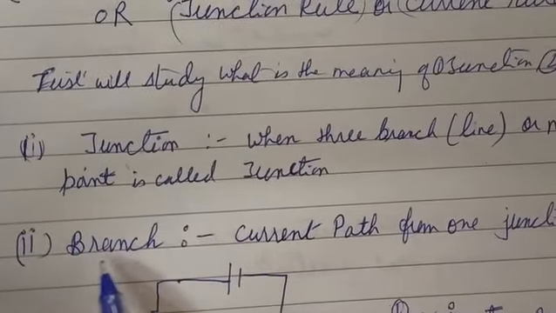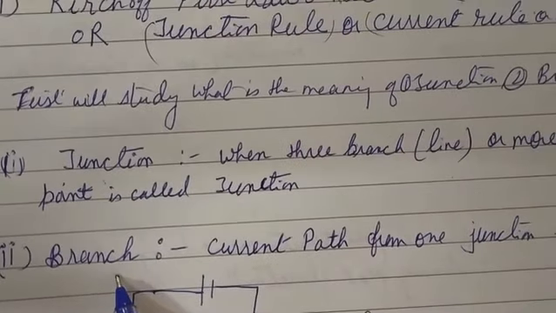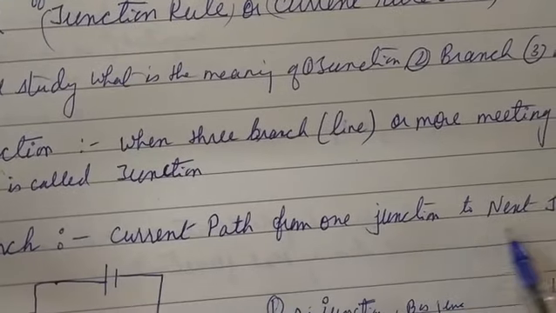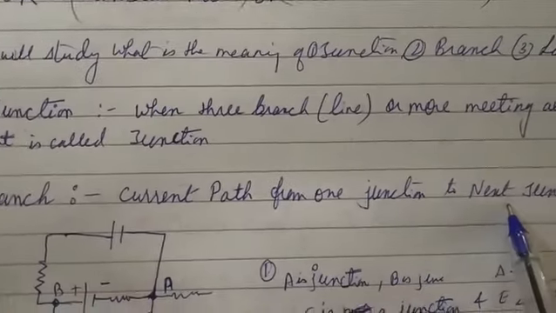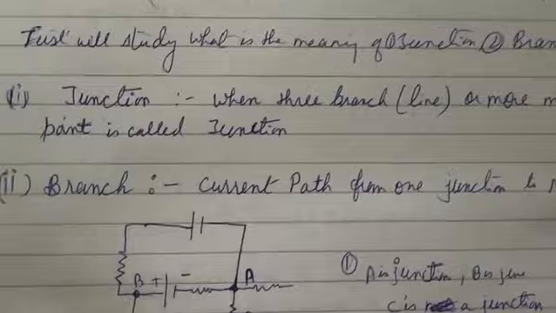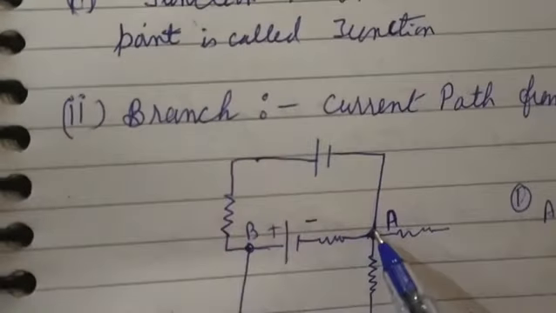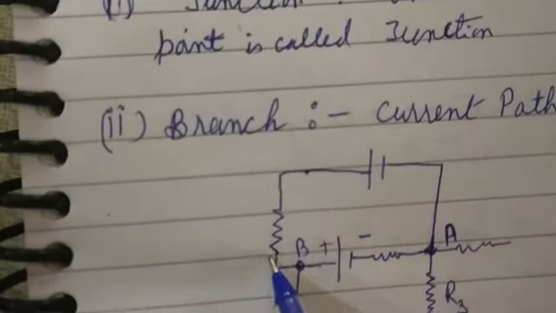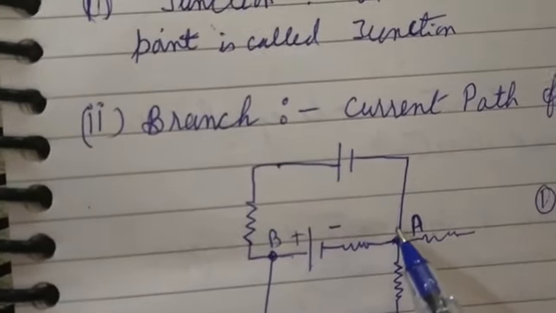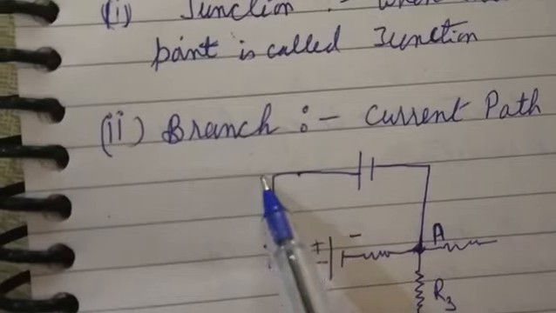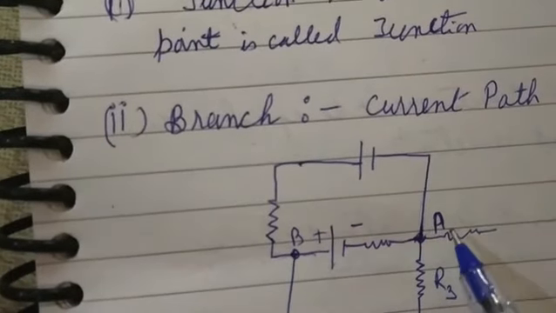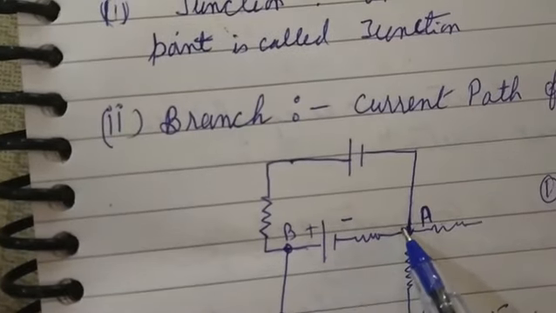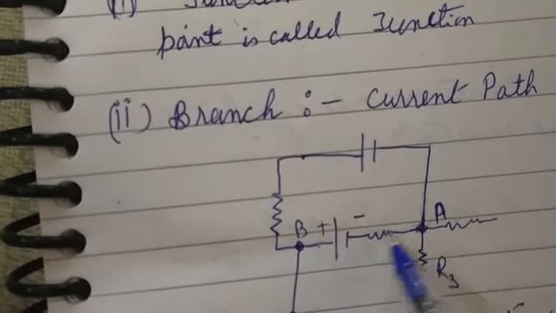Now next is branch. What is the meaning of a branch? The current path from one junction to the next junction is known as a branch. From A, this is one junction, and this is another junction, B. So this is one branch. From A to B, this is another branch.